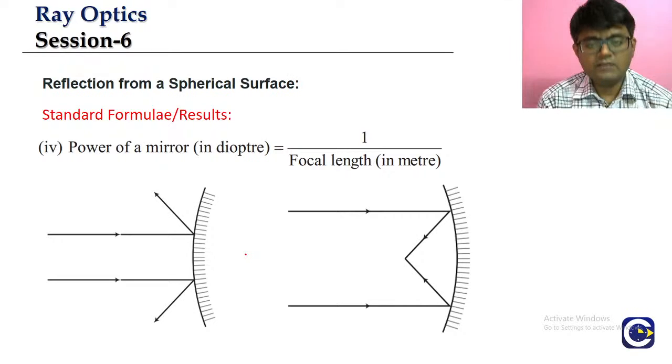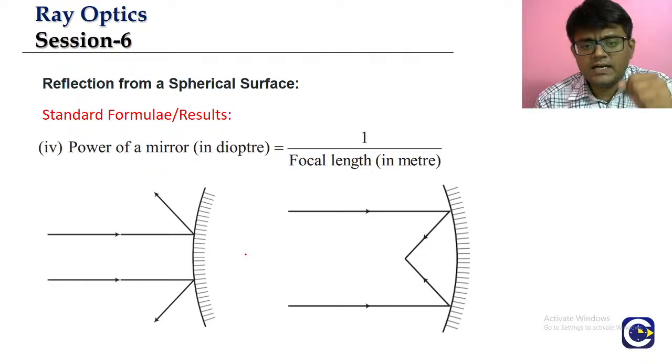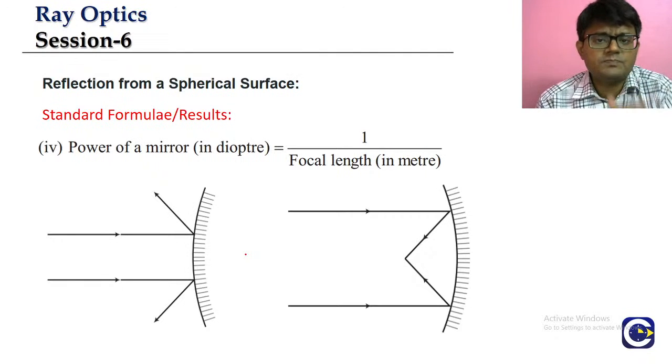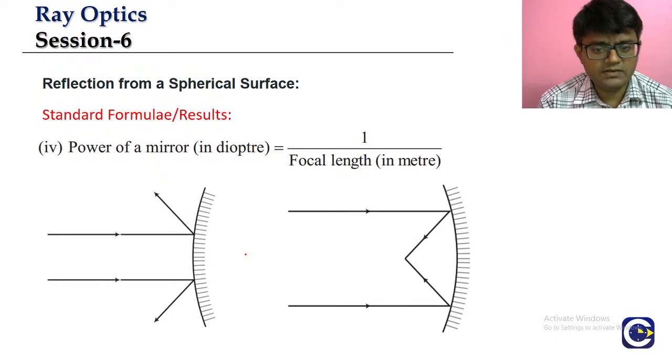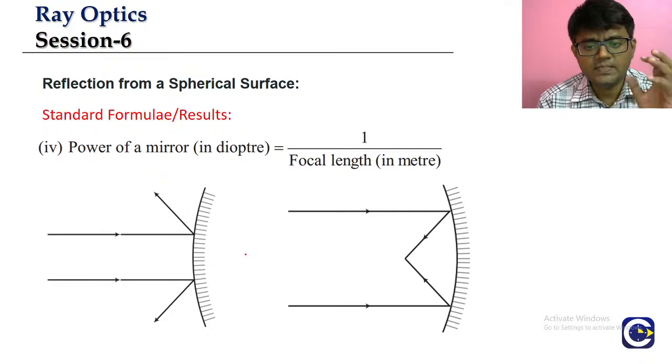When we go to the lenses, we will see some practical applications of this power also. One typical example, I am sure you would have studied in our 10th standard: if you are trying to correct an eye defect, whether it is myopia or hypermetropia, you will be using a corrective lens.